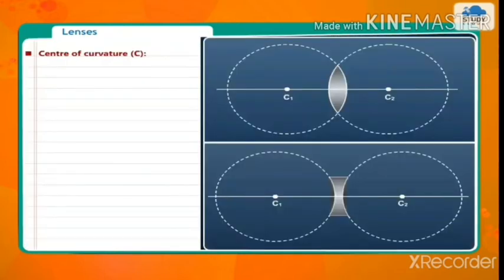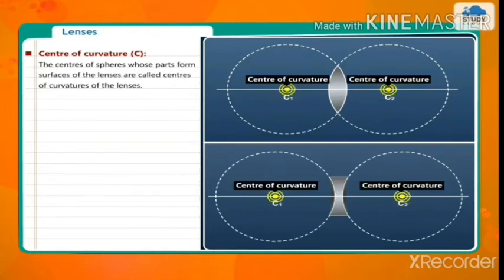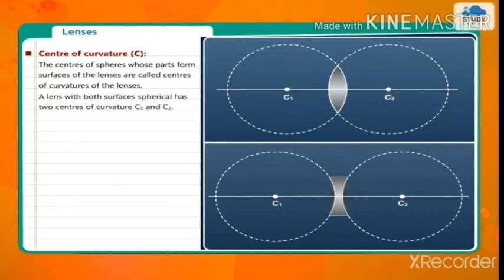Center of curvature, C. The centers of the spheres whose parts form the surfaces of the lens are called the centers of curvature of the lens. A lens with both surfaces spherical has two centers of curvature, C1 and C2.